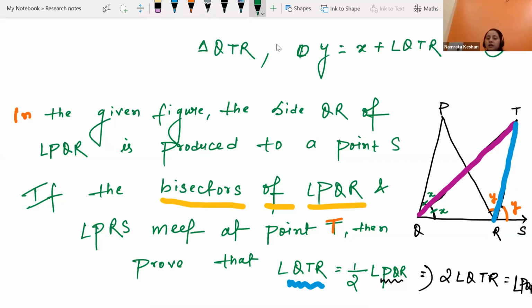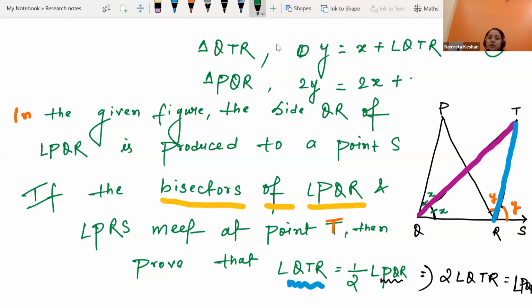And if we take the complete triangle PQR, here the exterior angle, that is 2y, is equal to 2x plus this QTR.